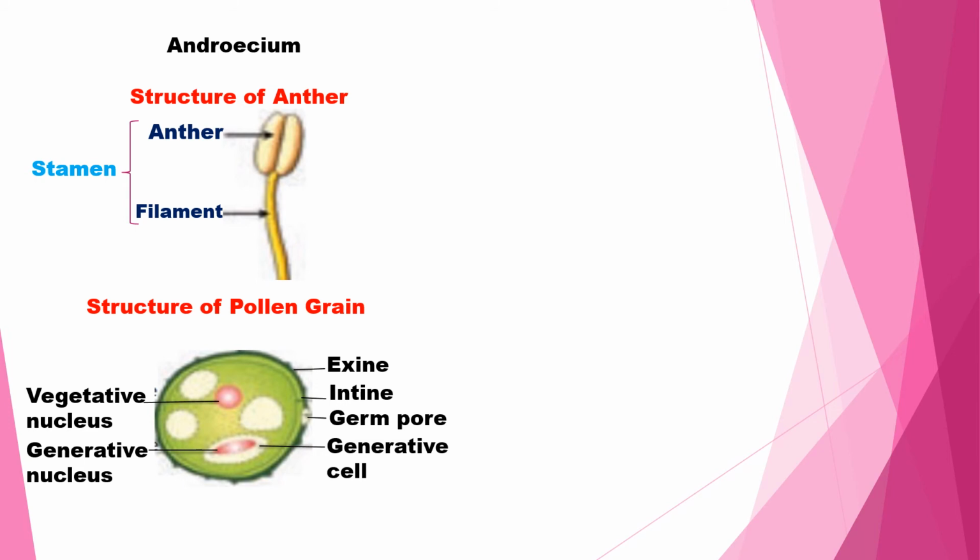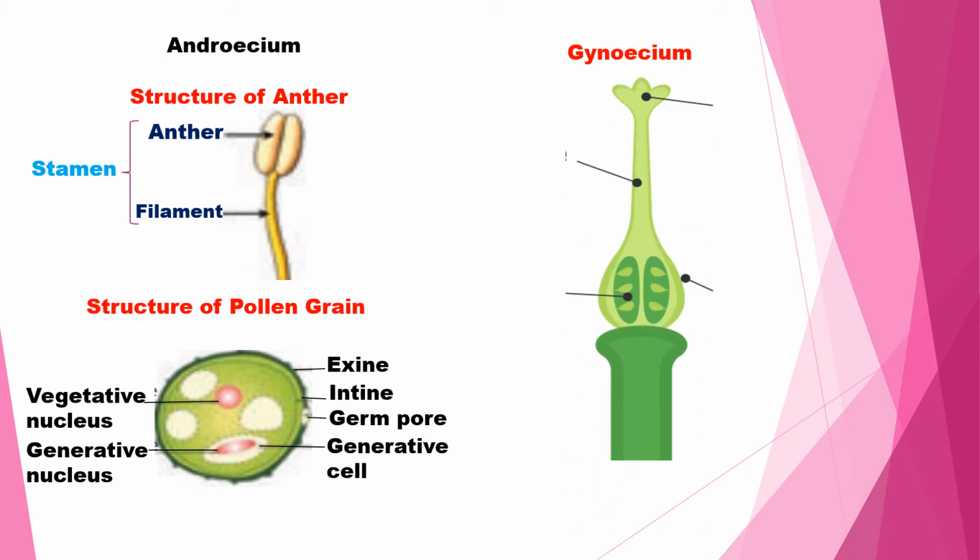Now, the female reproductive organ, gynoecium. This is a gynoecium. The topmost part is stigma, then style, ovary, and the female gamete, that is ovule. These are the structures of androecium and gynoecium.